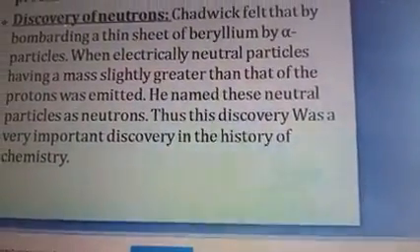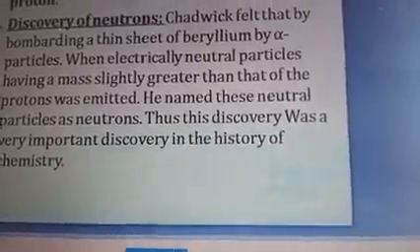So neutrons are the electrically neutral particles present in an atom.